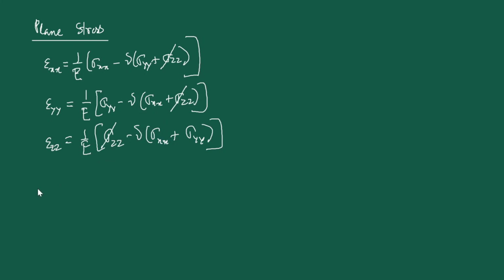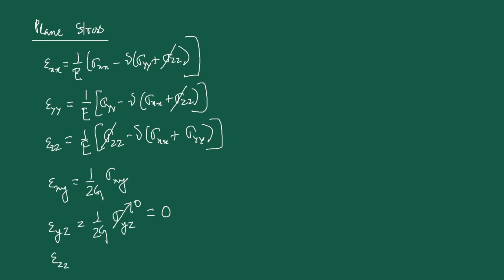Okay, so further along, what we also note is that epsilon xy is 1 by twice G sigma xy, epsilon yz is 1 by twice G sigma yz, and because sigma yz is 0, therefore this epsilon yz itself is 0, and epsilon zx is equal to 1 by twice G sigma zx, and since sigma zx itself is 0, so epsilon zx is 0.